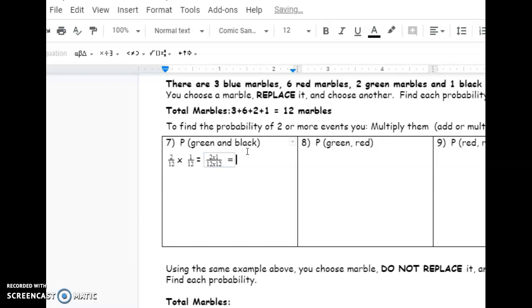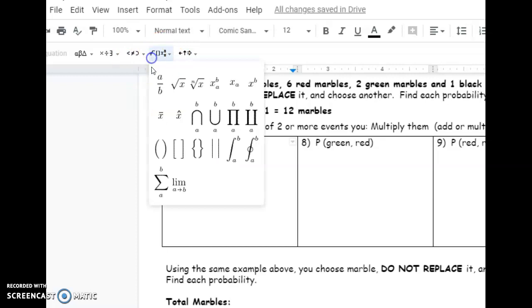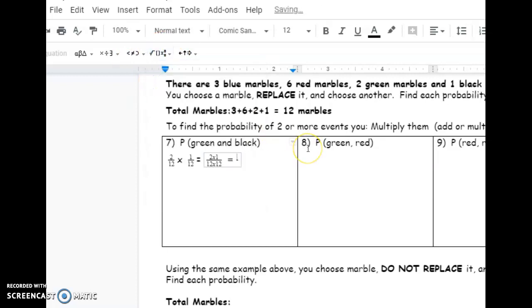So now I know that in my numerator, 2 times 1 gives me 2, and in my denominator, 12 times 12 gives me 144. But we know that this is not a simplified fraction.